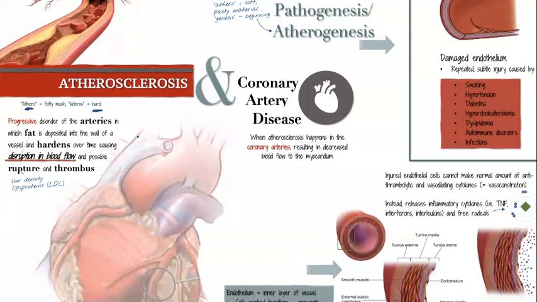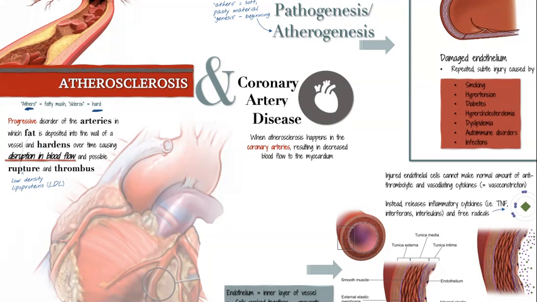So atherosclerosis on its own is a process of this fat, which we'll talk about. It's basically low density lipoprotein. We'll talk about that later. It is building up inside the wall of an artery.